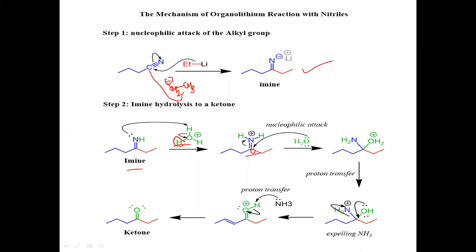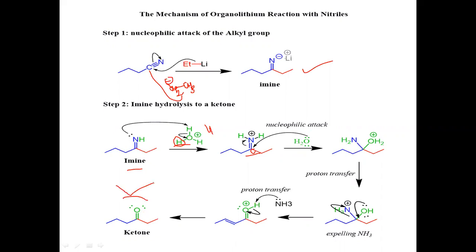After the abstraction of one of the hydrogens, there is the H2O molecule, and the H2O oxygen has a lone pair of electrons. So there is a nucleophilic attack by this hydroxy group, and this imine structure finally converts into this carbonyl structure.